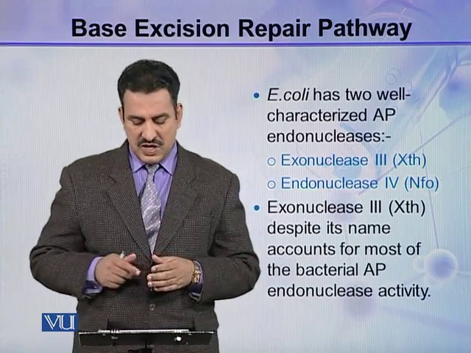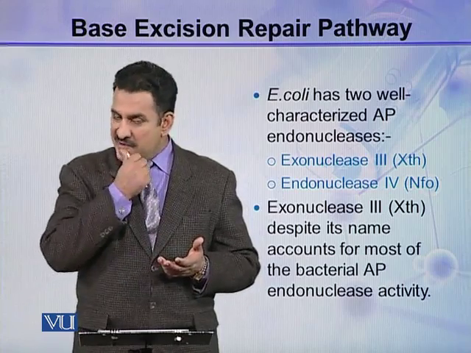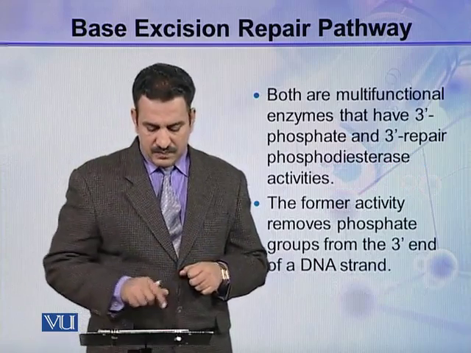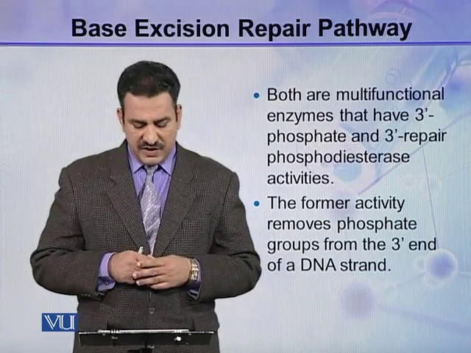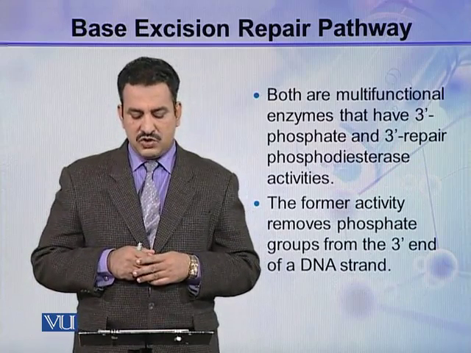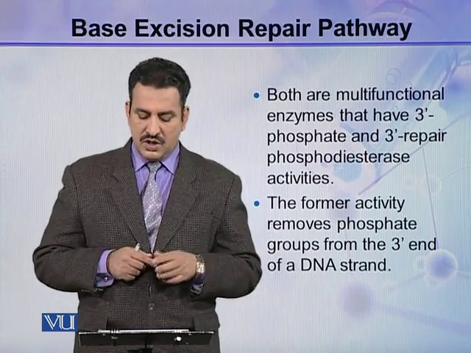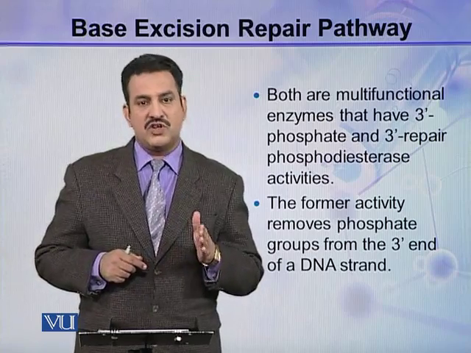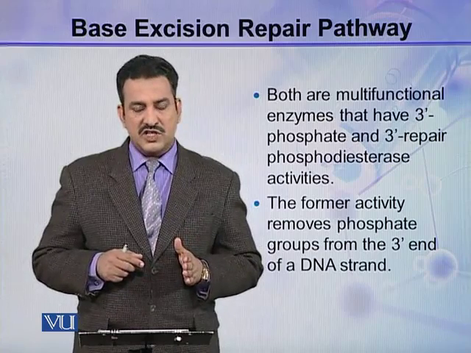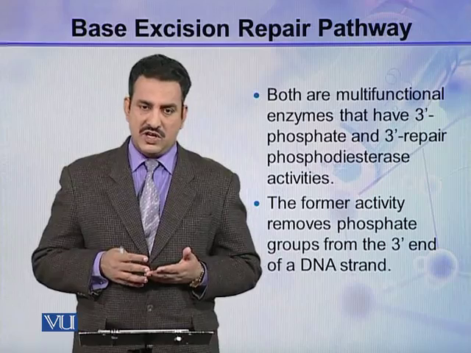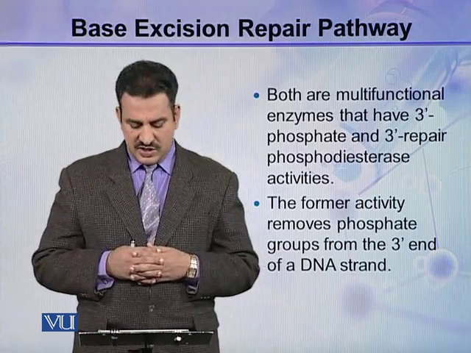Although its name is exonuclease, it performs most of the endonuclease activity. Both are multifunctional enzymes that have 3' phosphatase and 3' repair phosphodiesterase activities. So these enzymes can perform more than one activity, so they are called multifunctional enzymes.